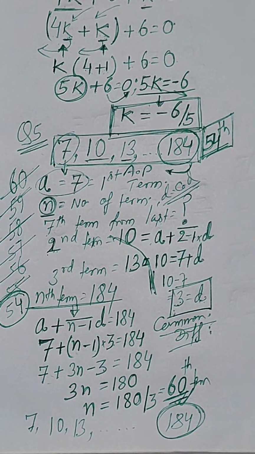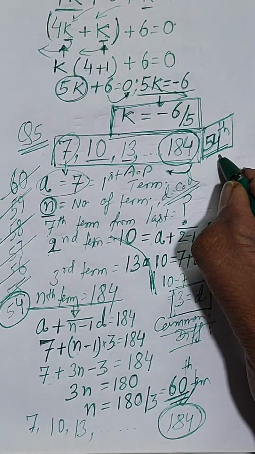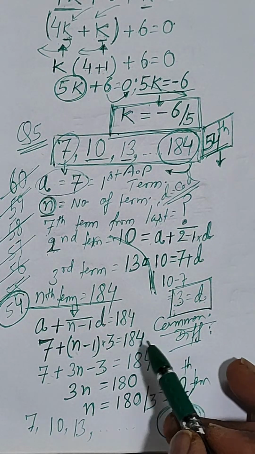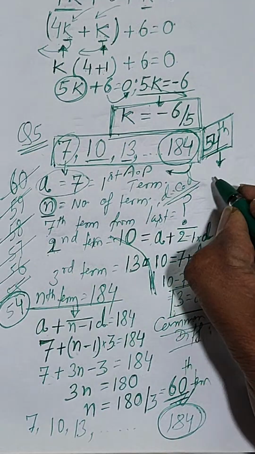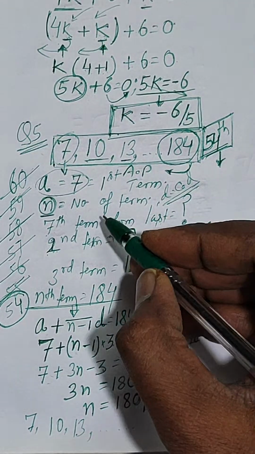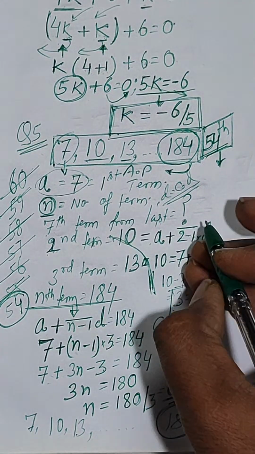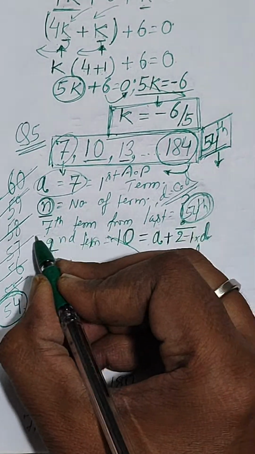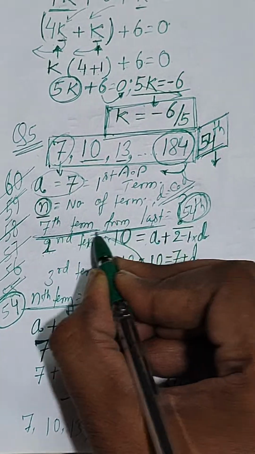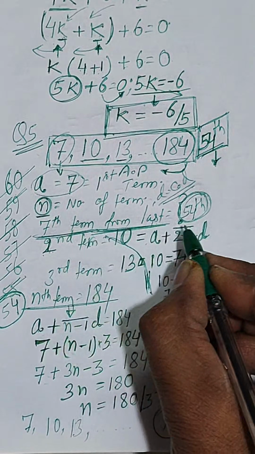What is the value of this 54th term? Use the formula a plus n minus 1 into d. The 7th term from last is the 54th, right?